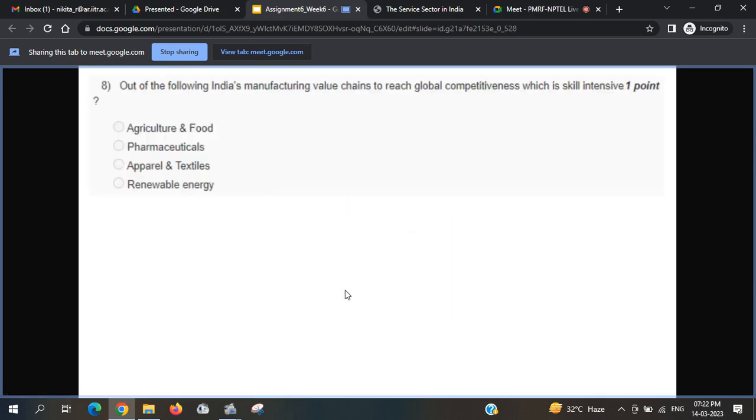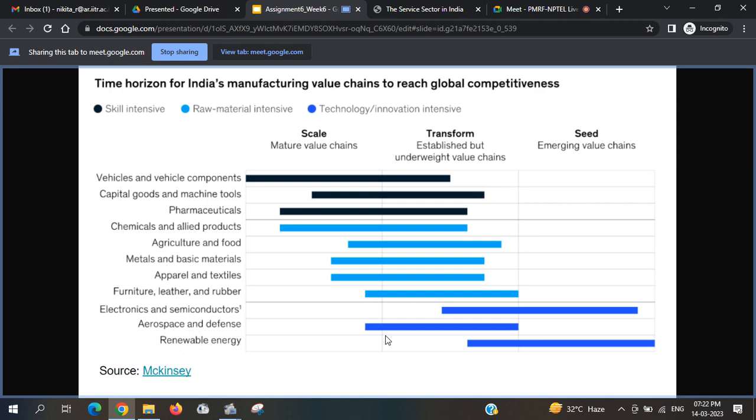And renewable energy is a part of technology intensive value chain, again that is not our answer. So skill intensive value chain is basically an industrial value chain which requires a lot of dedicated skills or specialization in skill for that value chain or for that industry to reach a level of global competitiveness.